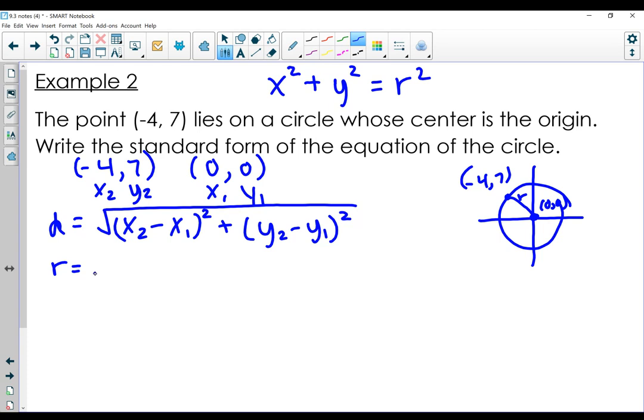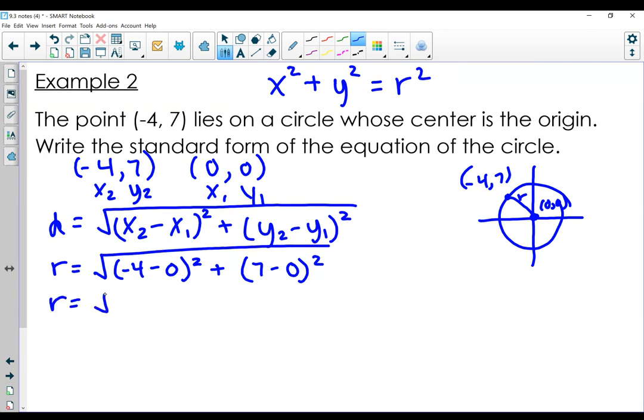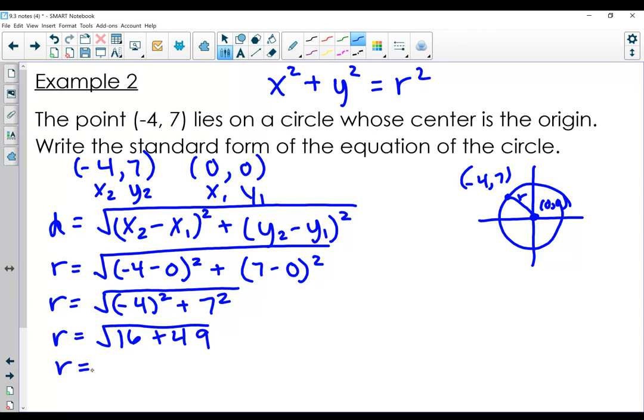The square root of the quantity negative 4 minus 0 squared plus 7 minus 0 squared. Negative 4 minus 0 is just the quantity negative 4 squared. And we have 7 squared. So my radius is going to be the square root of 16 plus 49, or the square root of 65.